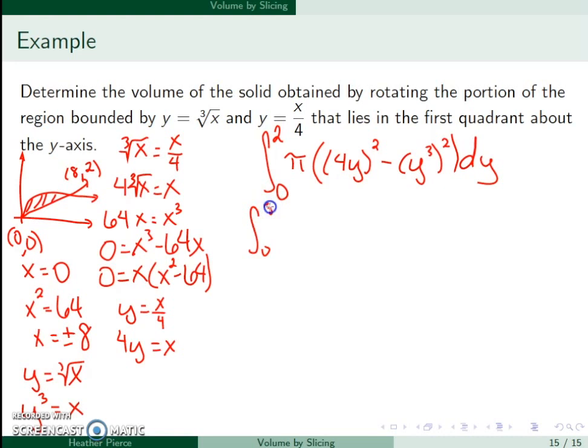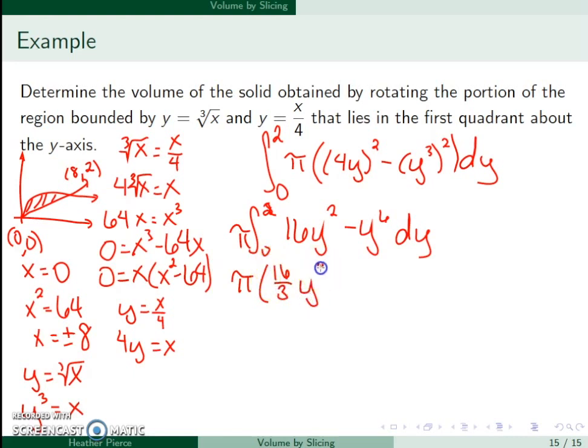So this is the integral from 0 to 2. We can pull the pi out front, and then we have 16y squared minus y to the 6th dy. So this gives us 16 over 3 y cubed minus 1 over 7 y to the 7th, evaluated between 0 and 2.